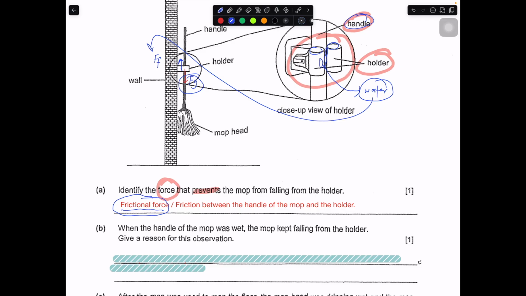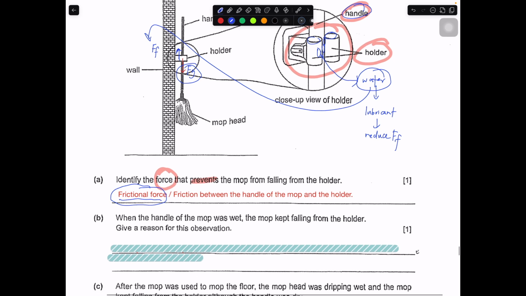As you know, water is a lubricant, so it will reduce your frictional force. Therefore the gravitational force is now greater than the frictional force. It caused the mop to be pulled down towards the ground. That's why the mop fell off from the holder.